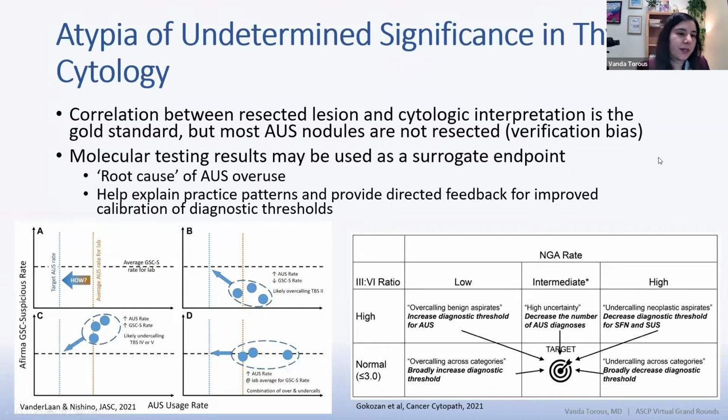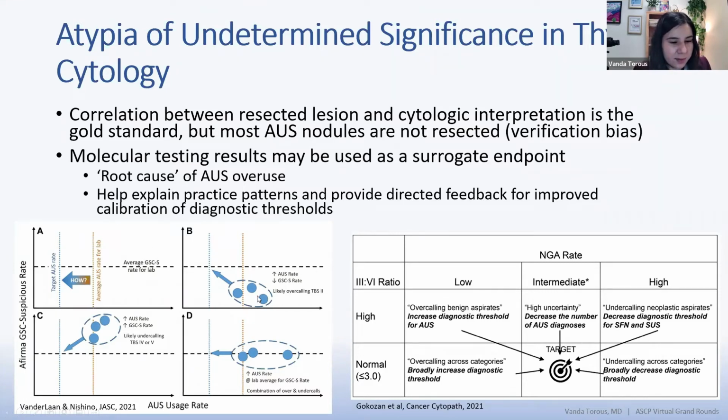However, if we take the principles that we have learned from cervical cytology, perhaps we can start applying those in other areas as well. There are 2 very nice recent studies applying concepts similar to those in cervical cytology to thyroid cytology, trying to use molecular testing results as a surrogate endpoint to get at the root cause of atypia overuse.